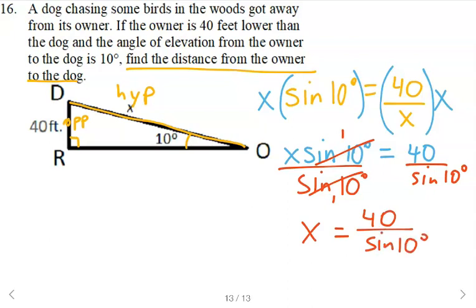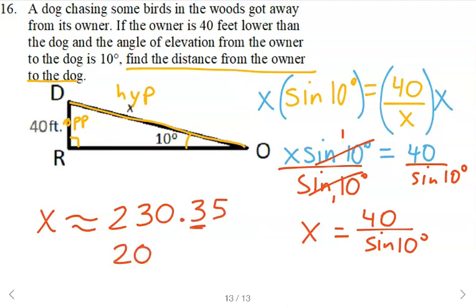And we'll go to our calculator for the decimal approximation, and we'll round it to the nearest, I guess, tenth of a foot. So 40 divided by sine of 10 degrees is equal to about 230.35. I'll round up to the nearest tenth, so it'll round up to about 230.4 feet.